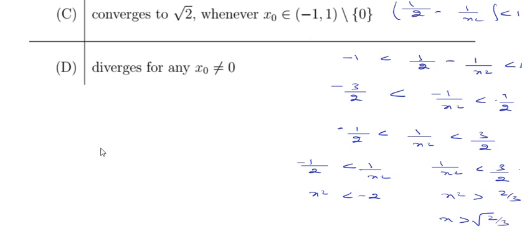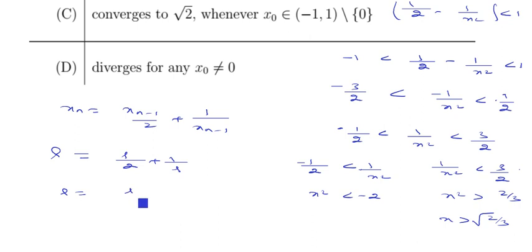So now we will find the convergent value. So the convergent value is found out by using this one. So since x_n equal to x_(n-1) by 2 plus 1 by x_(n-1). So suppose this sequence converges to the value L, so L is equal to L by 2 plus 1 by L. So L is equal to (L square plus 1) by 2.